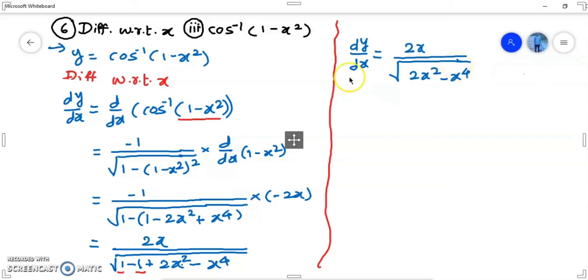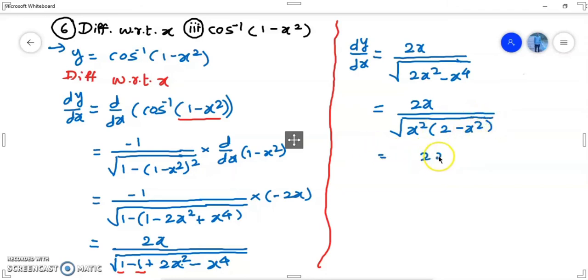What you can do more here is keep this 2x as it is, and in the denominators you have this root of x square is common factor. 2 minus x square remains inside the bracket, which is equal to 2x divided by this x square's root is x into root of 2 minus x square.